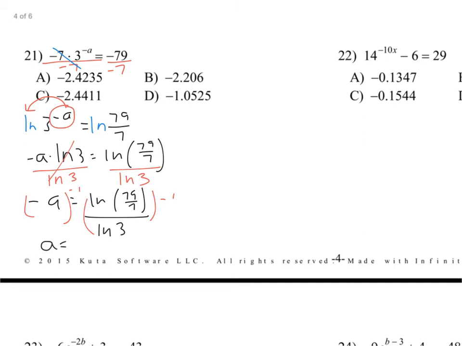So putting all that into the calculator, I get -2.20 and then 5999, so that's going to round to 60. So always remember to plug in your answer just to double check it and make sure that it does in fact make the equation true.